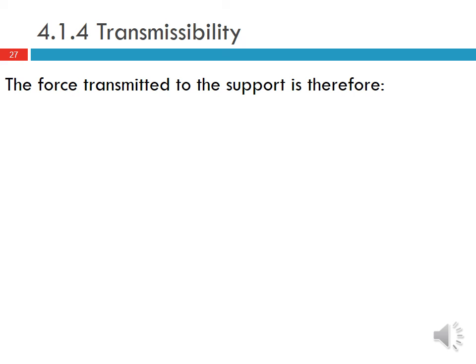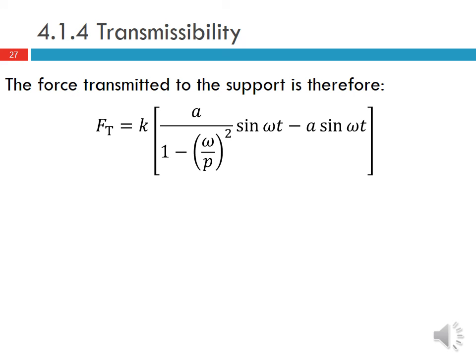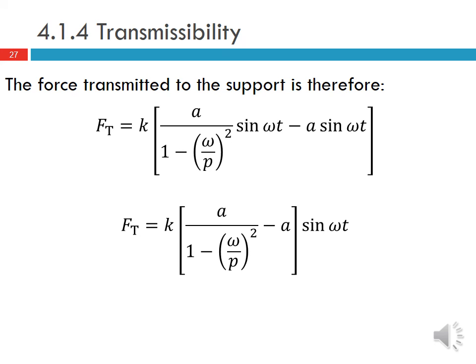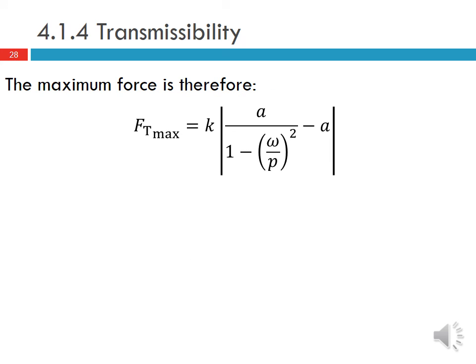So the force transmitted to the support is given by this expression, which we can simplify as shown here. We've got a sine omega t in both of these terms. The maximum of this is the amplitude, which is given here. If you recall on the previous slide, we had Ft as this multiplied by our sine omega t, so the maximum that can be is this term.